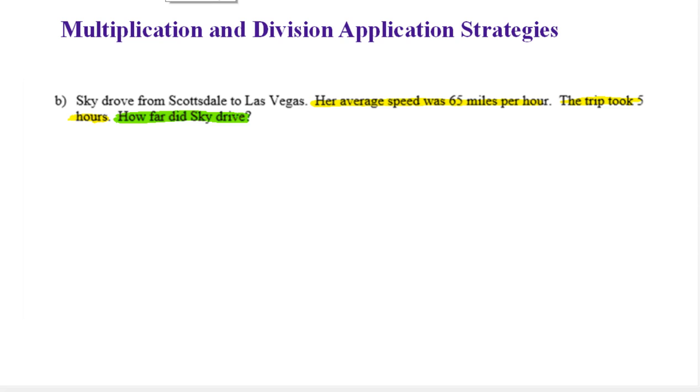So speed is another word for rate. Okay. We're told the trip took 5 hours, so that's time. And we want to find how far did Sky drive. So that's going to be, we want to find distance. Okay. So this is a distance, rate, time problem.